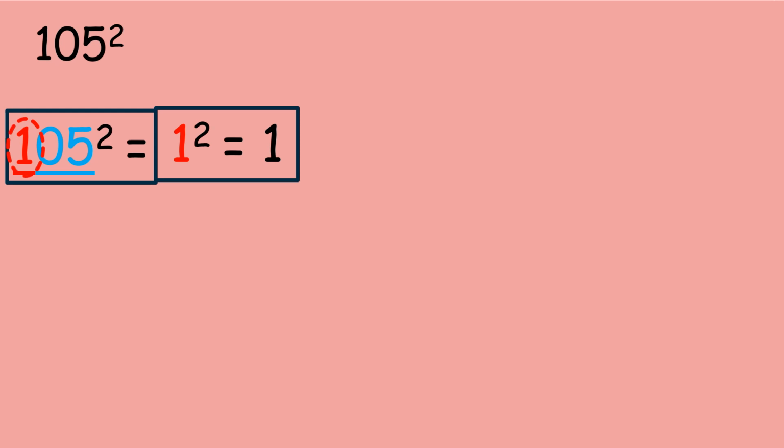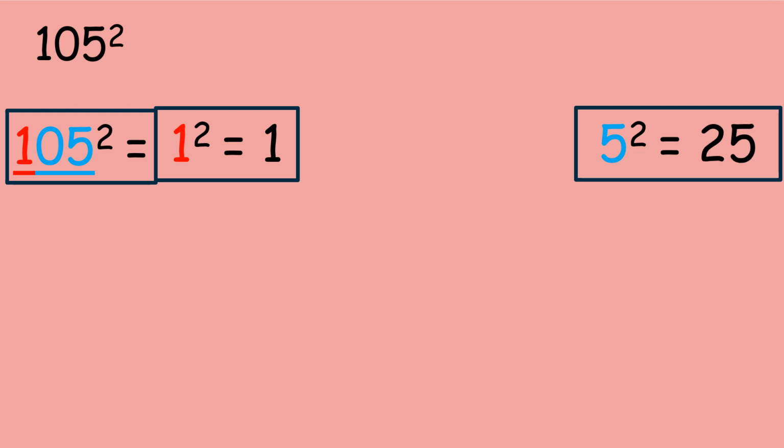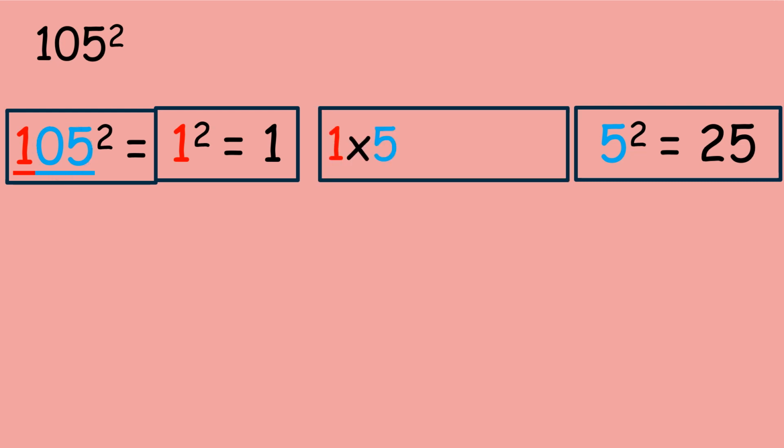Now, in order for us to get the third term, we will square the 5. So 5 raised to the power 2, which is 5 times 5, is equal to 25. Now, how do we get the middle term?